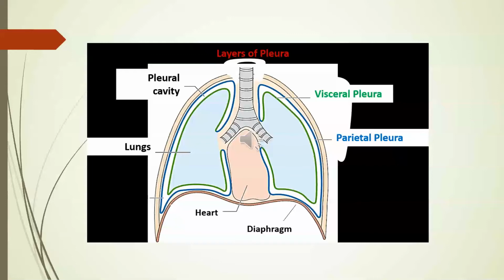The inner layer is the visceral layer, which covers the outer surface of the lung except around the hilum, shown here in green, and the blue color represents the parietal pleura, which lines the thoracic wall. Between the visceral pleura and parietal pleura there is a potential space with a very minimal amount of serous fluid, which allows smooth movement of the lung during inspiration and expiration.